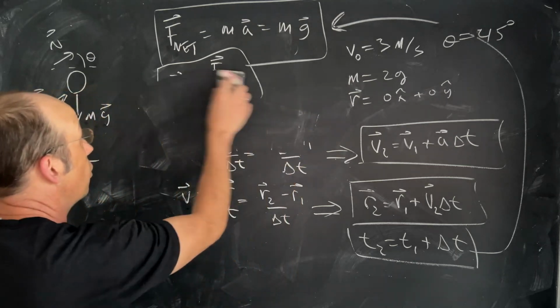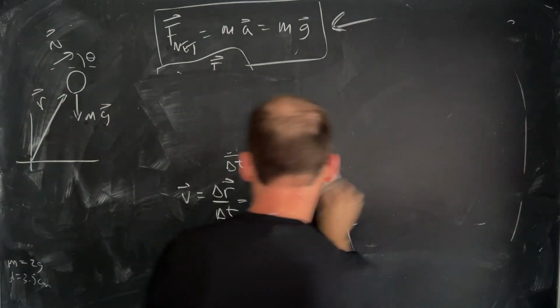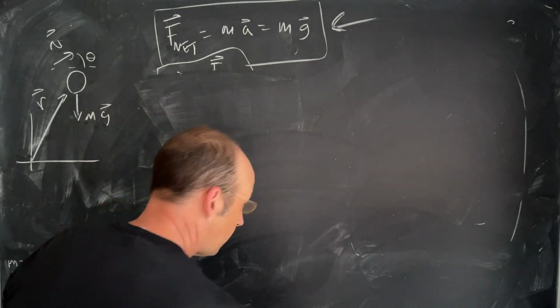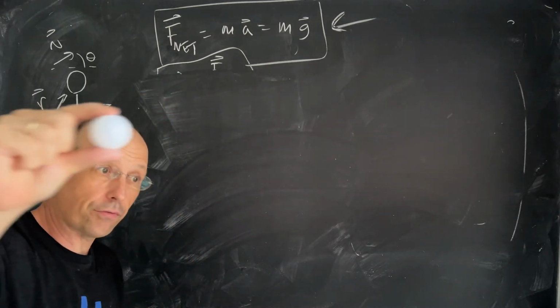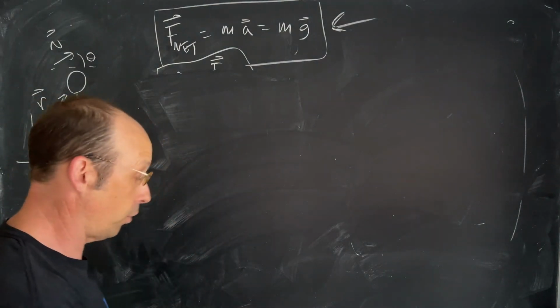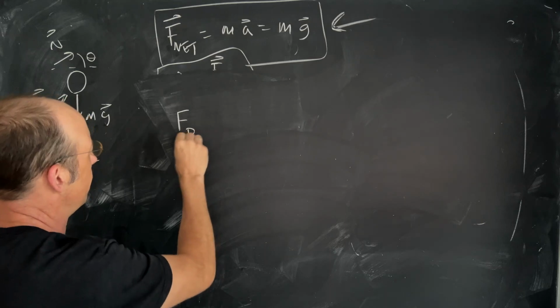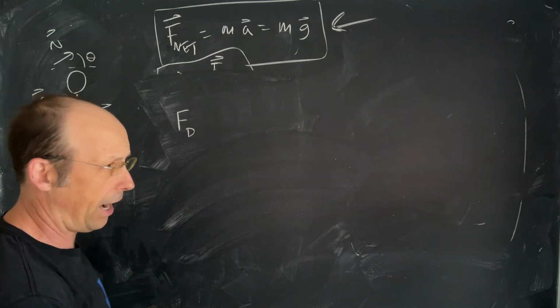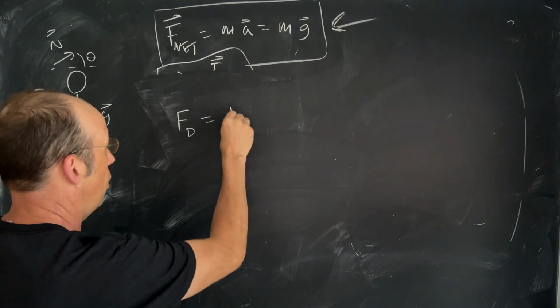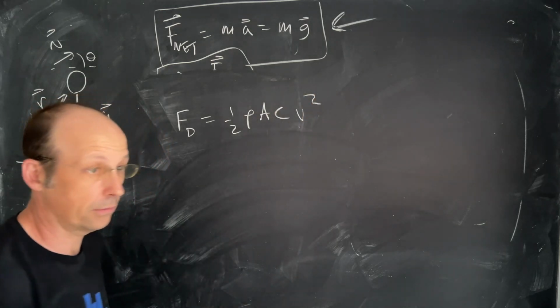So let's just talk about this other stuff that we're going to change. If I have an object moving through the air, then there's going to be a backwards pushing air resistance force. And we can model that as, the textbook OpenStax Physics calls it the drag force, and it writes it like this: 1/2 rho A C v squared.